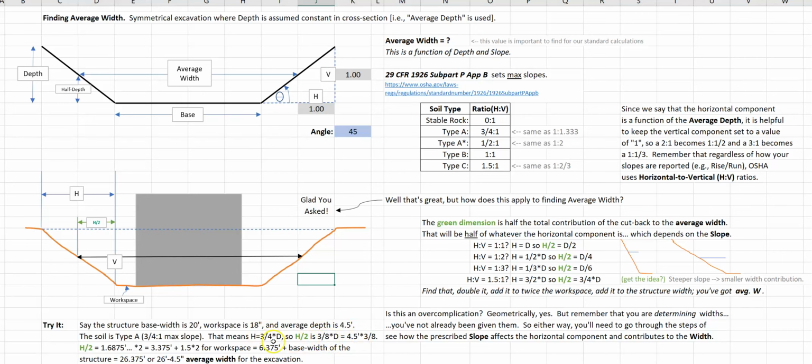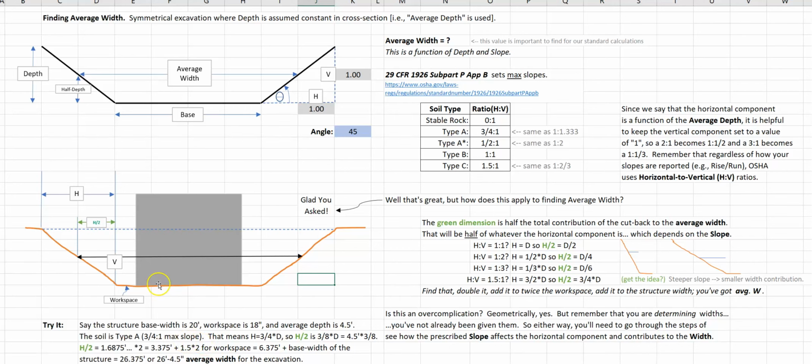That's 3/4 times a half, or 3/4 divided by 2. 3/8 of the average depth, and then just carry that through. So average depth is 4.5 feet times 3/8. That means this is going to be this value, more than 1.5 feet, times 2, because we're adding it to both sides. It's this value.